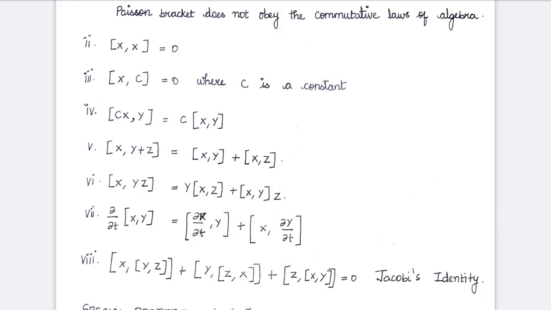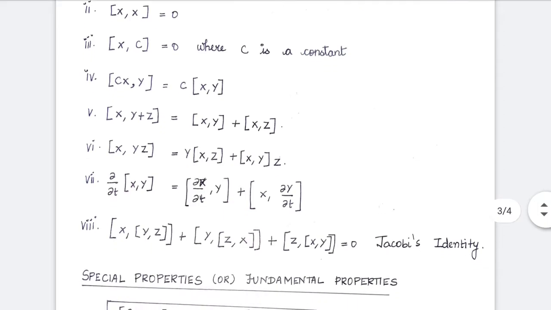The fifth property is the distributive property. The Poisson's bracket of the variable x comma y plus z is equal to x comma y plus x comma z. And the sixth property is x comma yz.